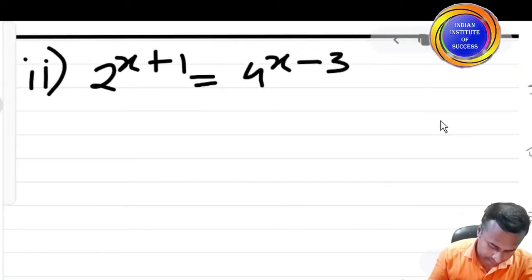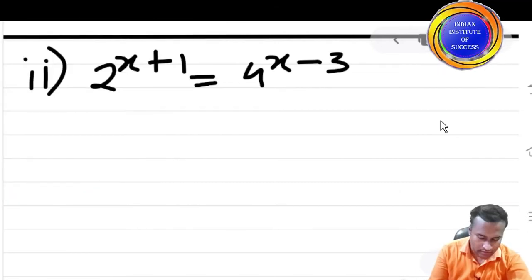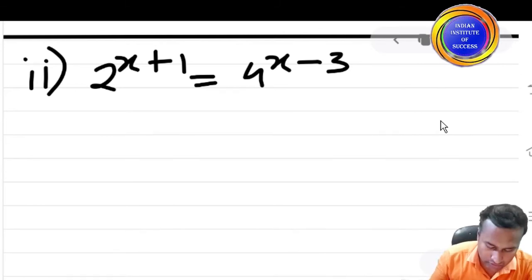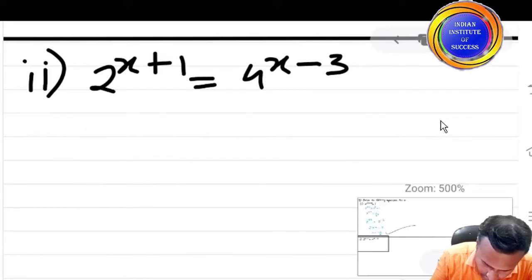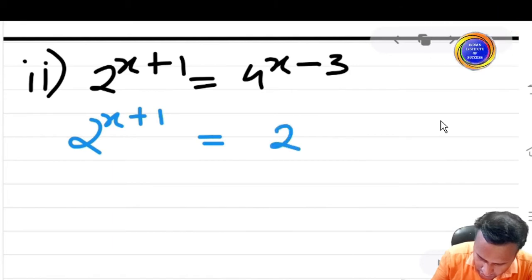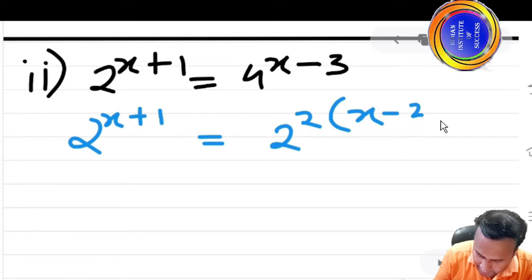Give attention. 2x plus 1 equal to 4x minus 3. Here we can write 2x plus 1 equal to 2 into 2 x minus 3.